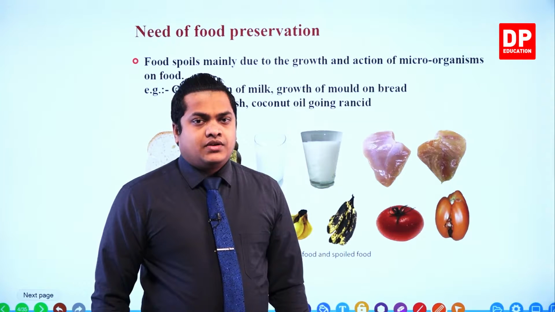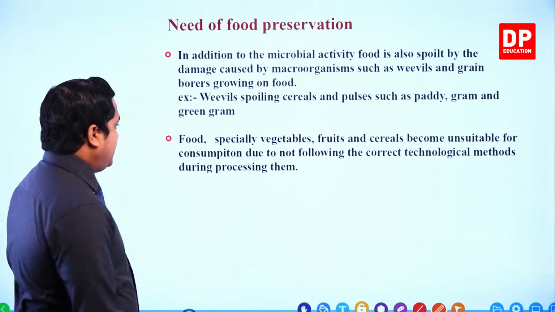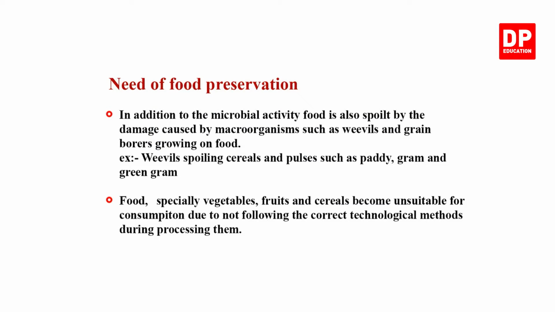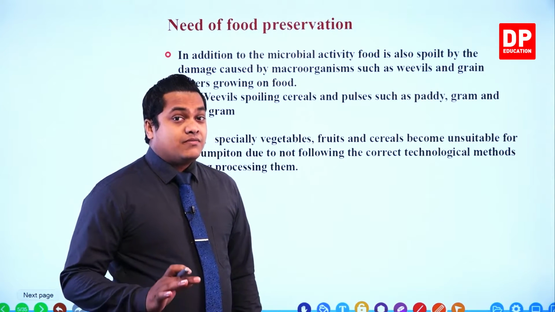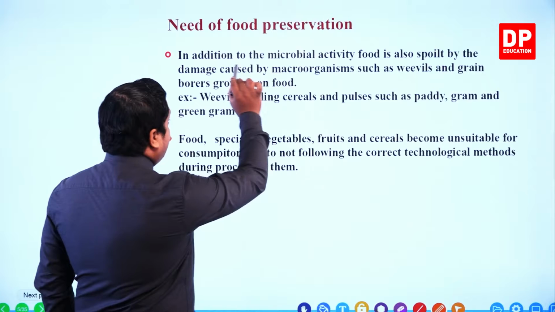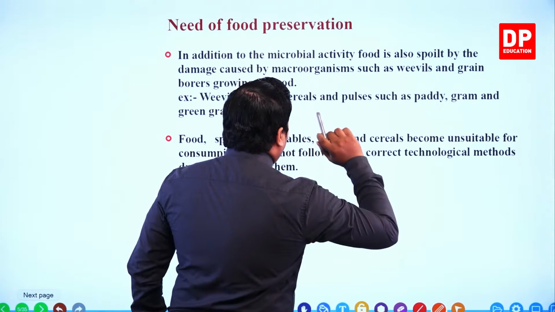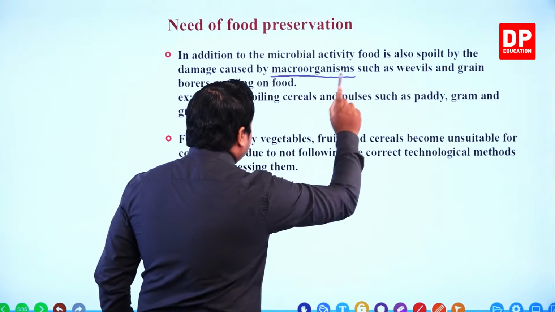Okay, so let's move on with the other things contained within the lesson. In addition to the microbial activity, food is also spoiled by the damage caused by macroorganisms such as weevils and grain borers growing on the fruit. In the earlier case, we discussed microorganisms. Here it's not microorganisms, my dear children.